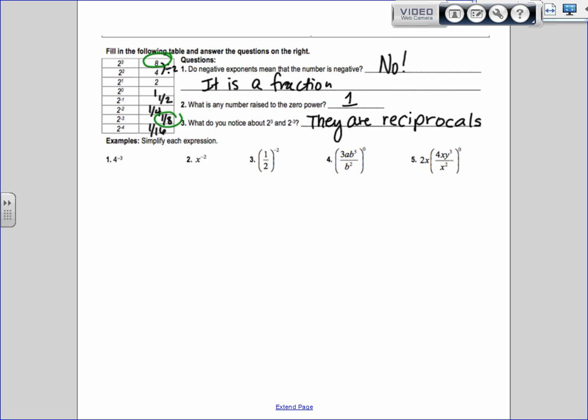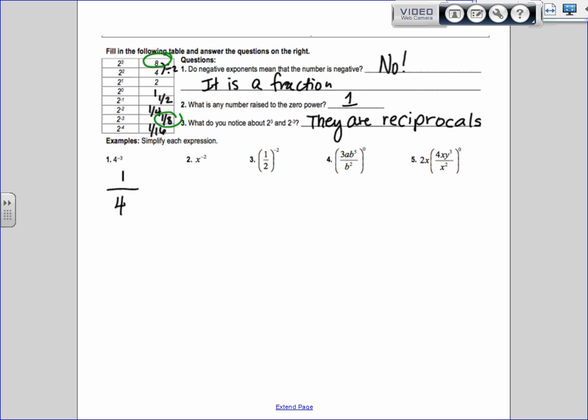Spelling bee for math. Can you do it? All right, simplify each expression. If I see 4 to the negative 3, now I'm seeing if you guys can spell it. I'm an excellent math word speller. All right, 4 to the negative 3.